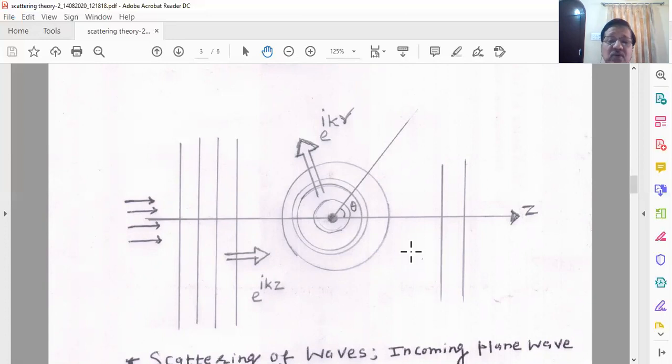Also, whenever the potential of the target is spherically symmetric, your scattered beam will be in the direction of the reference plane.